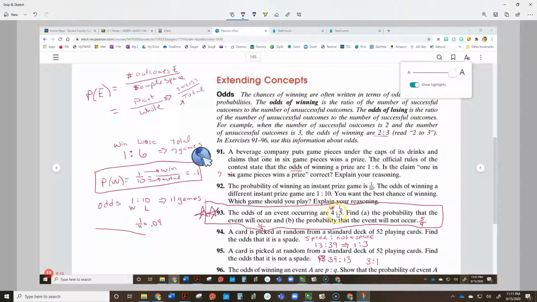Odds are kind of like a win-loss record: your number of wins compared to your number of losses. But probability is the number of wins out of the total number of games that you've played. Or the probability that you will lose is the number of losses over the total number of games that you've played. So that's the big difference between odds and probability.